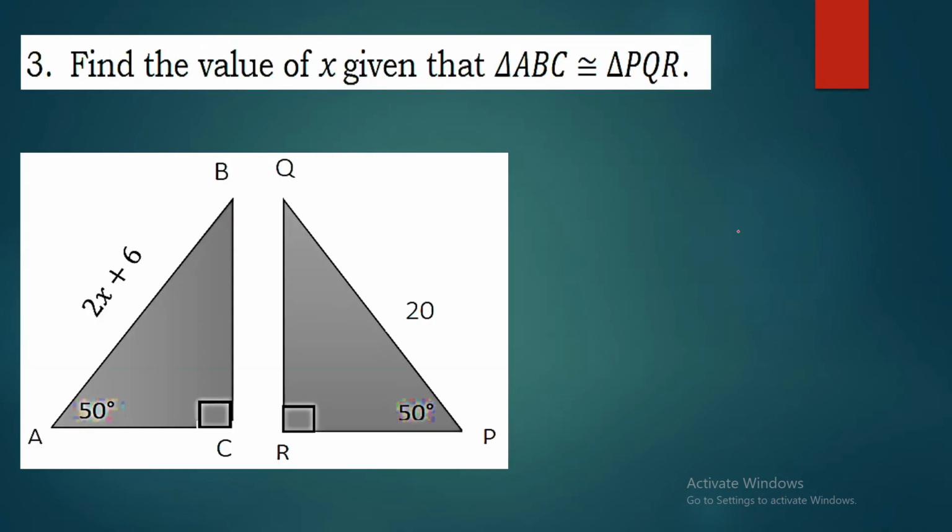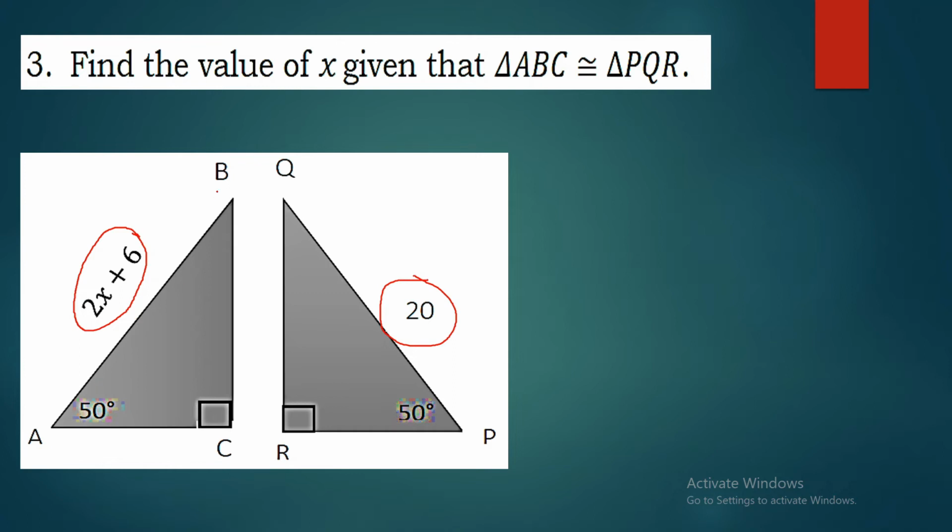Next example. Find the value of x given that triangle ABC is congruent to triangle PQR. Now, since we are asked to solve for the value of x, we have to consider the parts of those two triangles with given measurements. So we have this side with measure 2x plus 6 and this side which is 20 units.